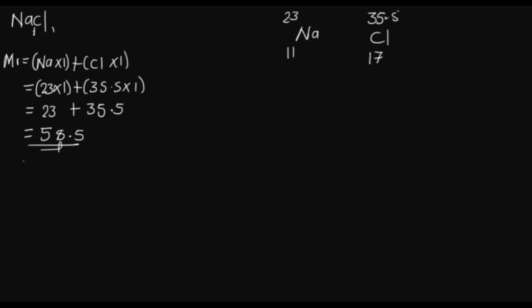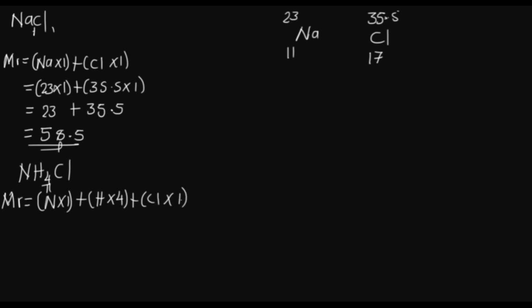Okay, let's have another example. This time let's have ammonium chloride, NH4Cl. So we can begin. We can see that there is one atom of nitrogen, plus 4 atoms of hydrogen, so hydrogen times 4, plus 1 atom of chlorine, so Cl times 1.